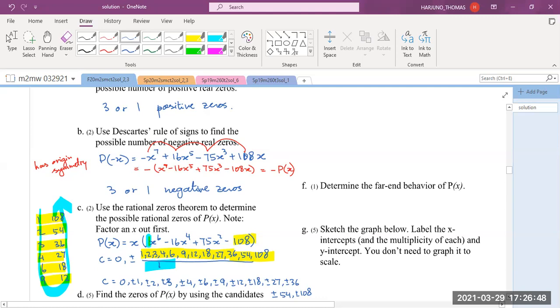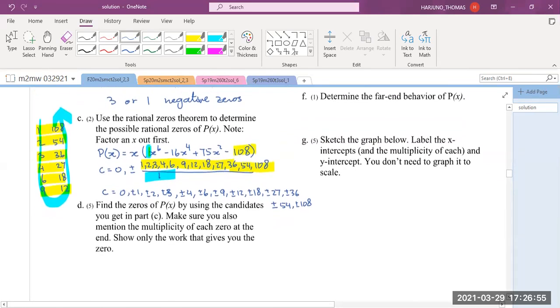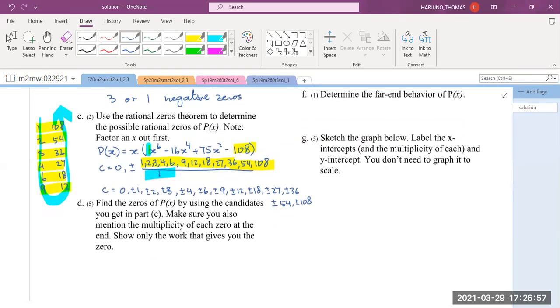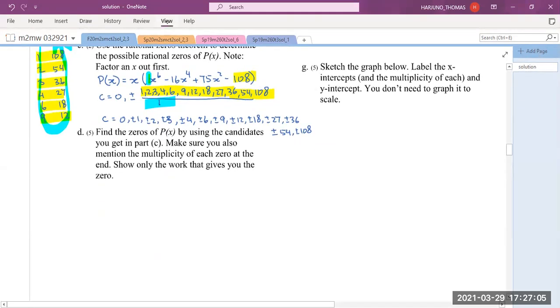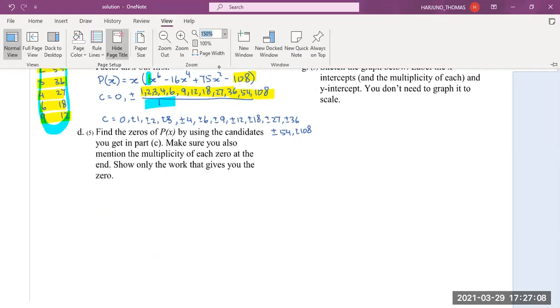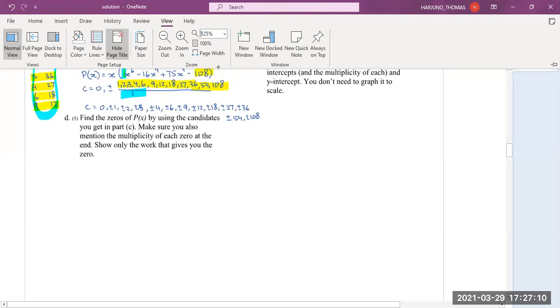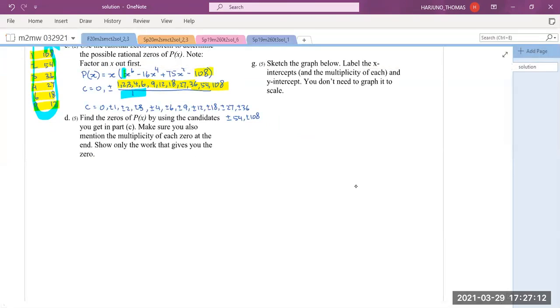Okay, those are the list of all possible rational zeros. Now, number D, what we need to do is to find all those zeros. My right hand side will be again my scratch paper so that you see how I think.